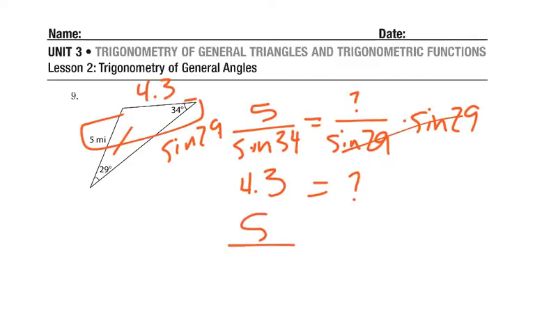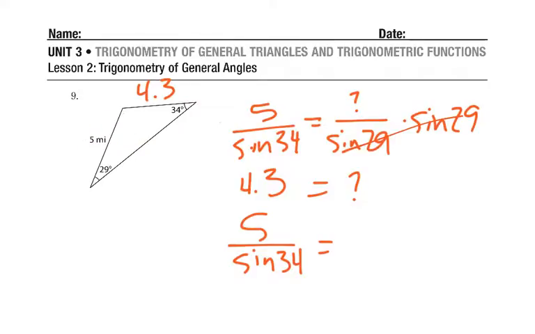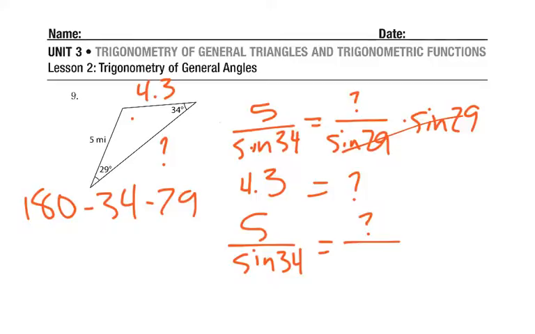Now I'm going to use that 5 over the sine of 34 to give me this new one, this longer side right here. Now what's that angle? Well, we go 180 minus 34 minus 29. So that angle is 117, so it would be the sine 117, which is what we multiply by.